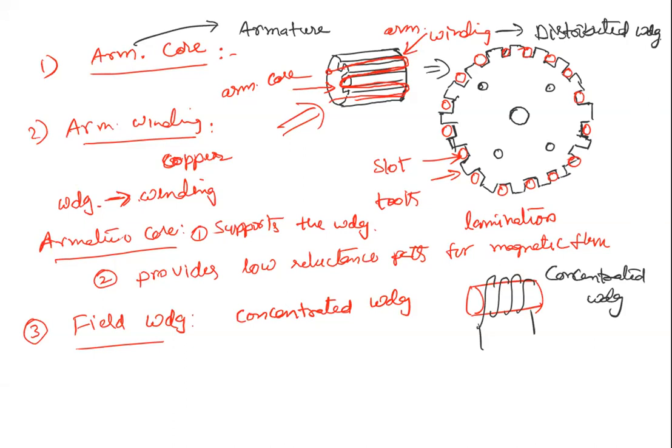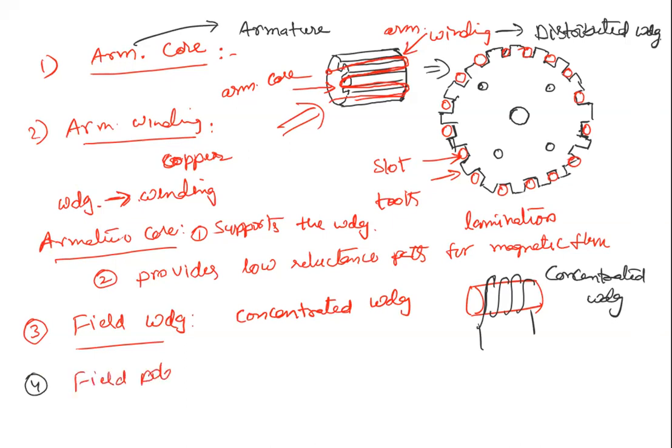Just like thread wound on a threaded tube. So everything is in one place, very close. But this armature winding is spread over the periphery of the armature core.